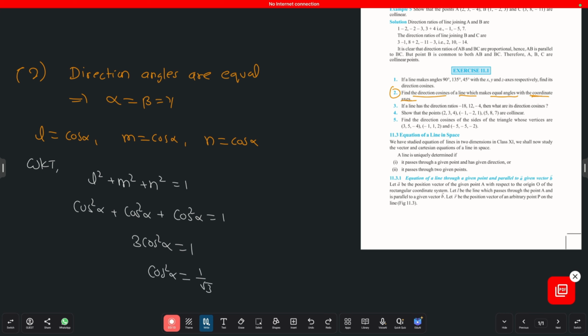Then cos alpha is plus or minus 1 by root 3. So direction cosines are plus minus 1 by root 3, plus minus 1 by root 3, plus minus 1 by root 3.